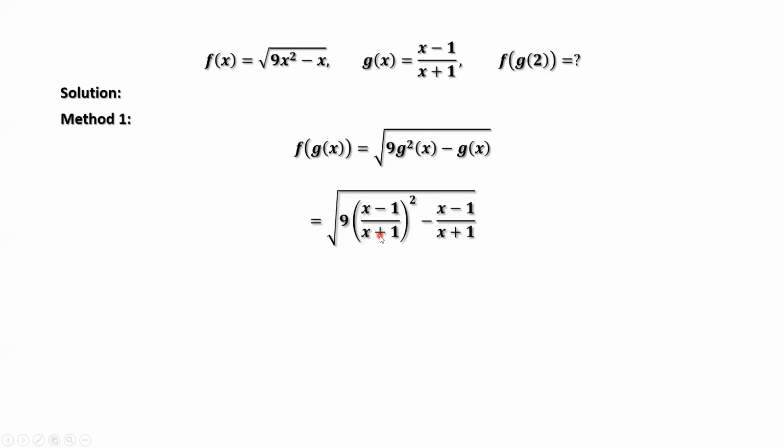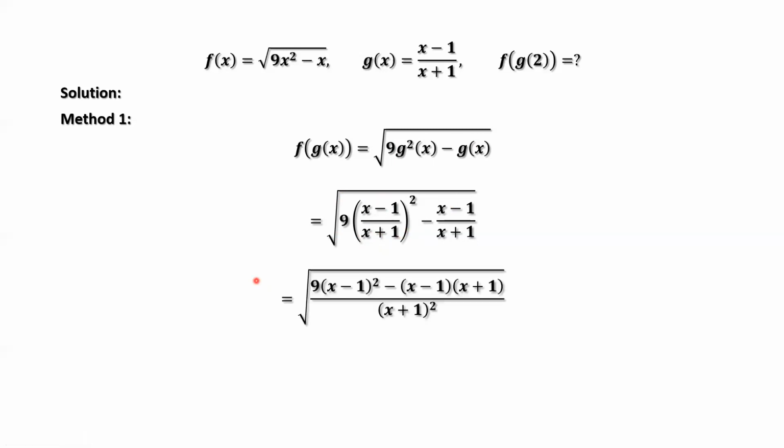Consider the common denominator inside of the square root sign. The common denominator is x plus 1 squared. Then we have square root of 9 times x minus 1 squared minus x minus 1 times x plus 1 divided by x plus 1 squared.